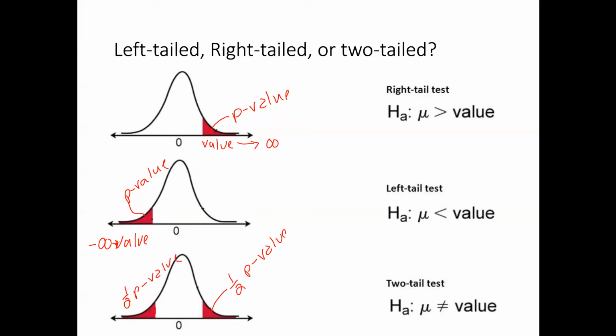So when I actually find the area under the curve, I'm going to find the area to the right of this, or the area to the left of that, and I will have to double it to find the p-value. So it either finds over here or over here, depending on how you choose to do your normal distribution. And you're going to get half the area under the curve. You double that to get the p-value.